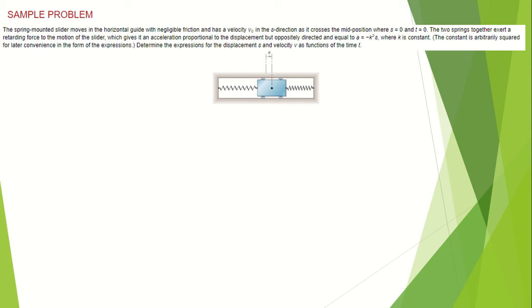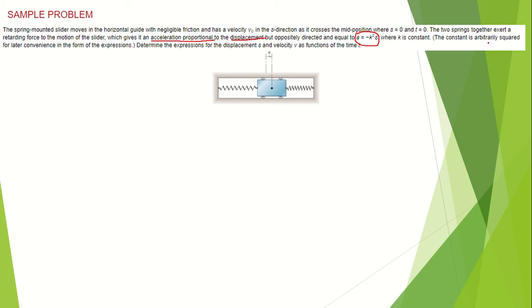So the two springs together exert a retarding force to the motion of the slider, which gives it an acceleration proportional to the displacement. Take note of this: acceleration proportional to the displacement, but oppositely directed, and equal to a equals negative k squared times s, where k is a constant.